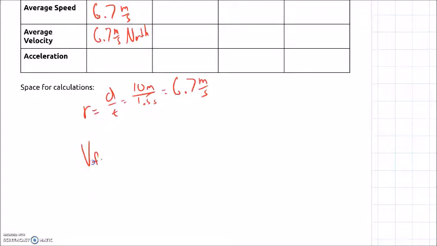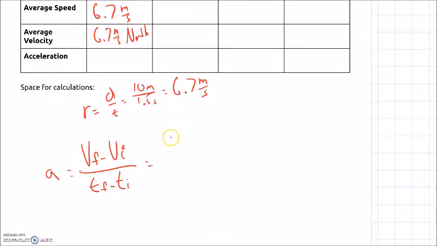So we know v final minus v initial divided by t final minus t initial is equal to acceleration. Again, we started from a stop, so our v initial is 0, our t initial is also 0.